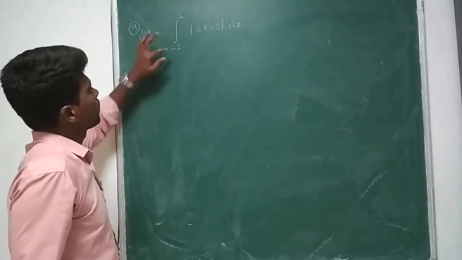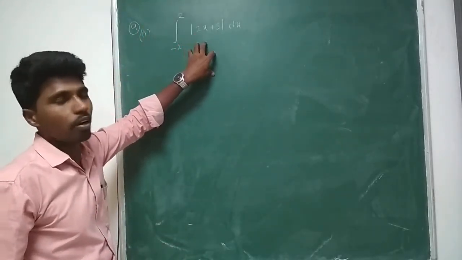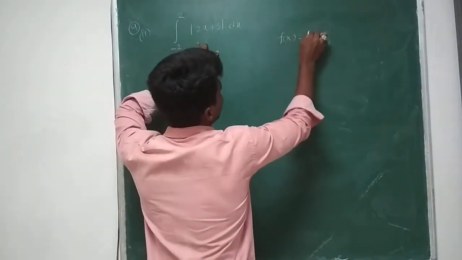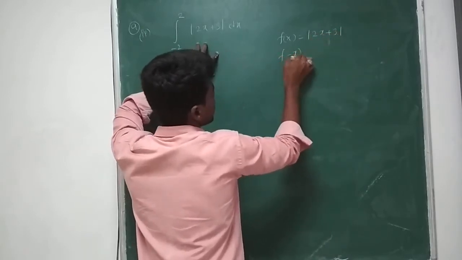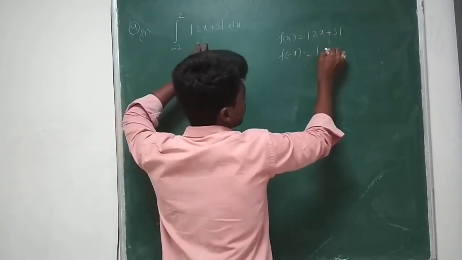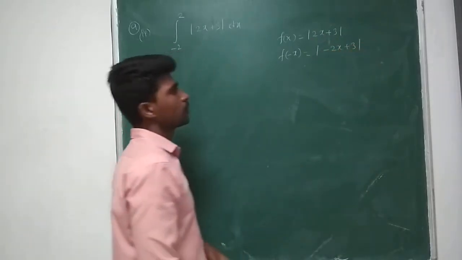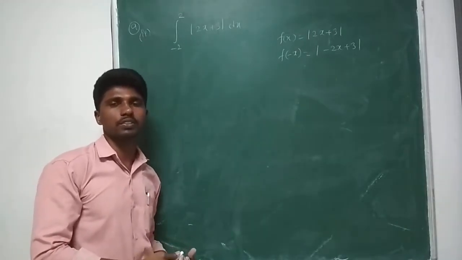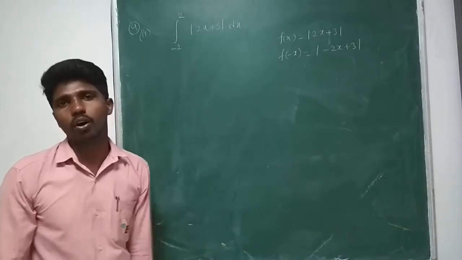If I see minus a to a, I check whether the given function is even or odd. The function f of x is given as modulus of 2x plus 3. f of minus x is equal to modulus of minus 2x plus 3, which cannot be expressed as either minus f of x or f of x. So the given function is neither even nor odd.